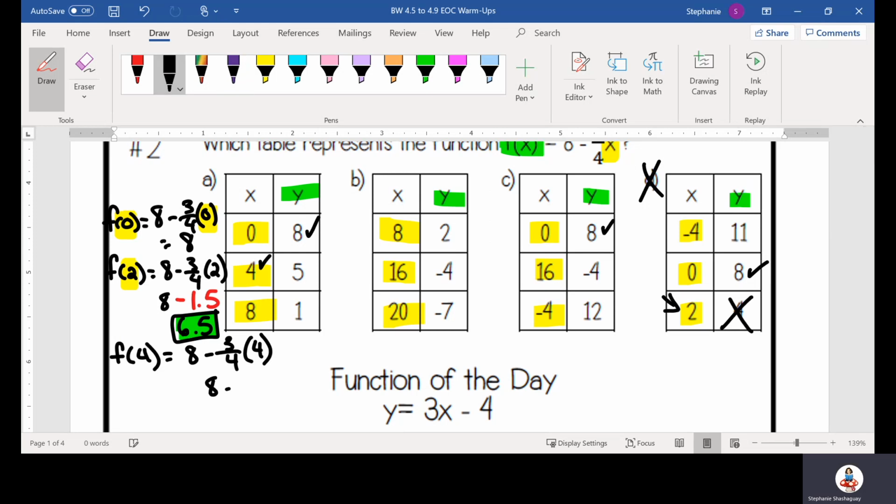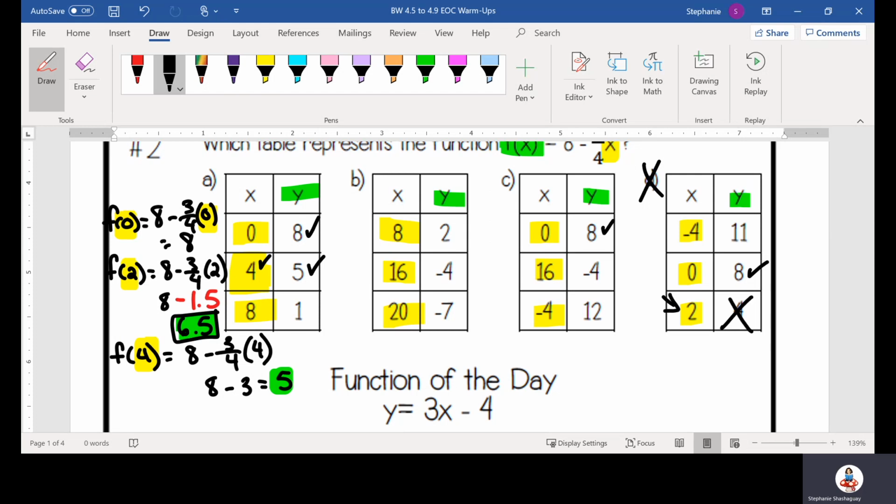So I'm going to have 8 minus 3, and that's going to equal 5. So anywhere I have an input of 4, which is right here, my output should be 5. So this works. And I don't have an input of 4 anywhere else. All right, so far A is looking good.